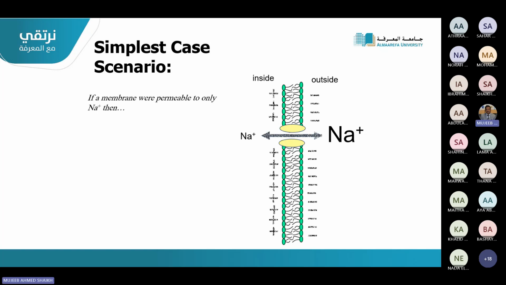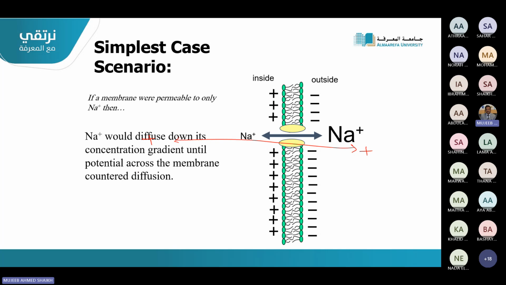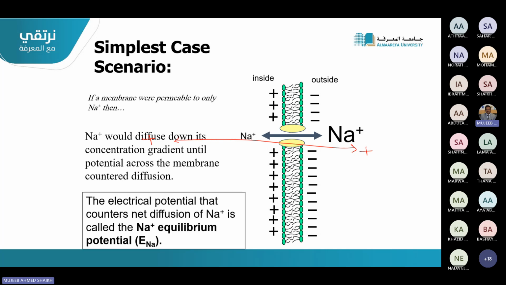A point will come when positive ions and positive ions will be repelling each other. Positive here and positive here, so they will not attract, rather they will repel and stop the movement of sodium ions. At this moment, the potential is called the equilibrium potential for sodium.